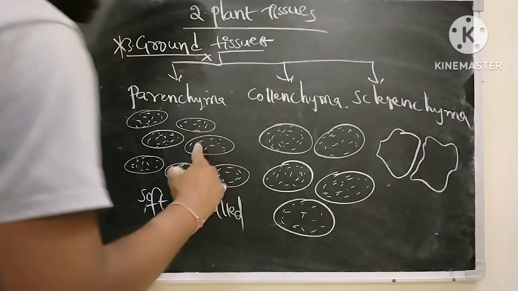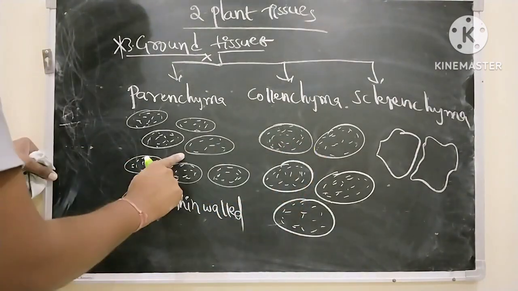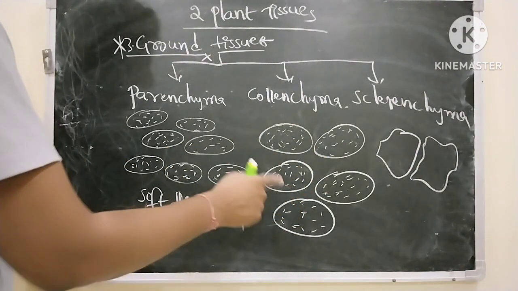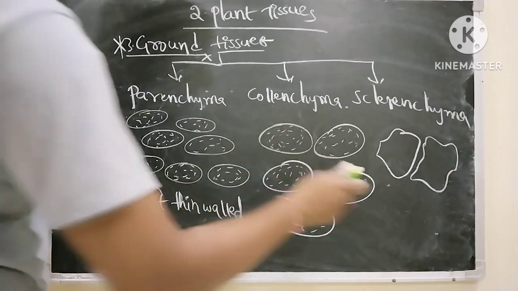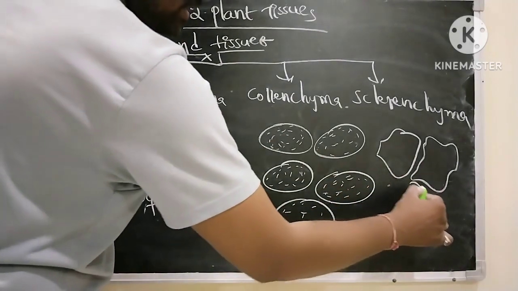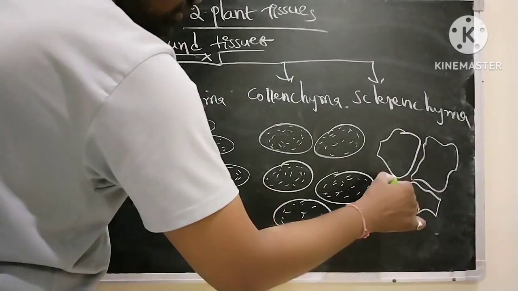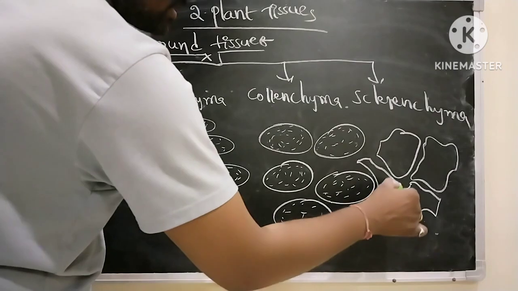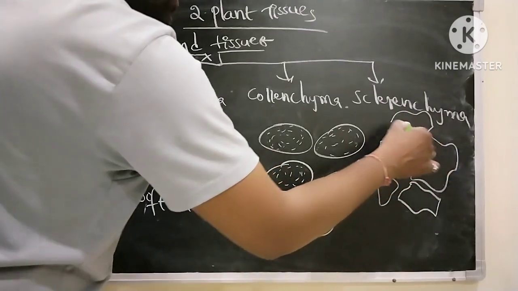In parenchyma and collenchyma, we can observe air spaces. There are intercellular spaces between the cells of parenchyma and collenchyma. Whereas here, there is no intercellular space.